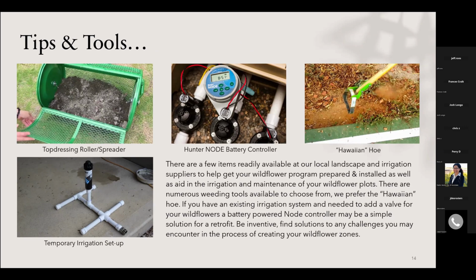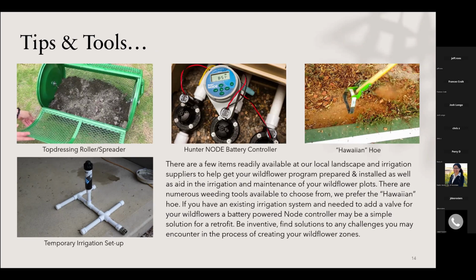Another thing, any of you guys that are familiar with irrigation, we had an area that we didn't have a controller going to, but we did have access to water. So using the Hunter node battery controller is a great option.